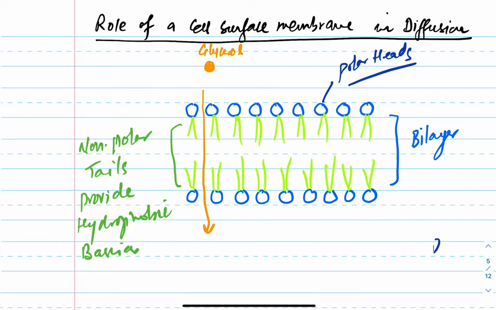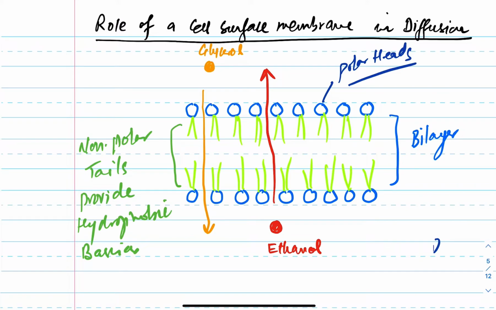Ethanol or an alcohol, which is produced during anaerobic respiration in some cells, can move out from high concentration to low concentration. Even steroid hormones that are synthesized within the cells can also move out of the cells.